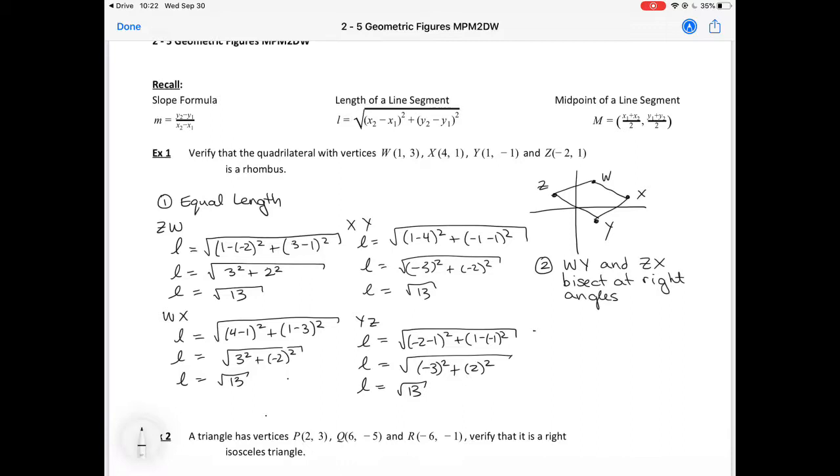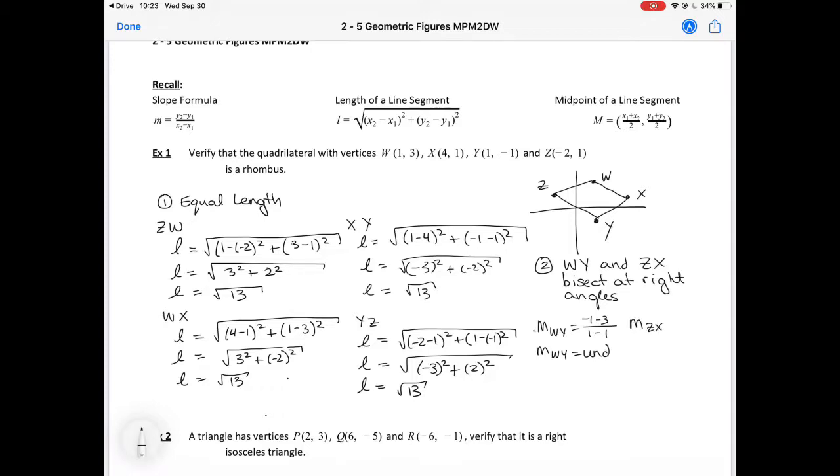Okay, so that means I'm going to check 2 things. So I will do the right angles first. That means the slopes of those diagonals have to be negative reciprocals. So I'm going to find my slope between W and Y as y2 minus y1 over x2 minus x1, which is going to give me minus 4 over 0, so that is going to be undefined, which is okay.